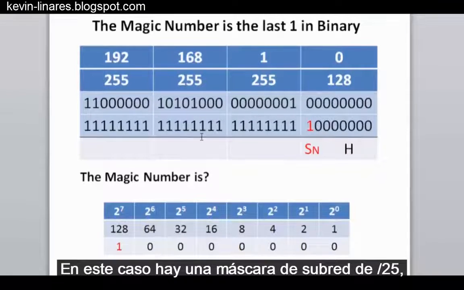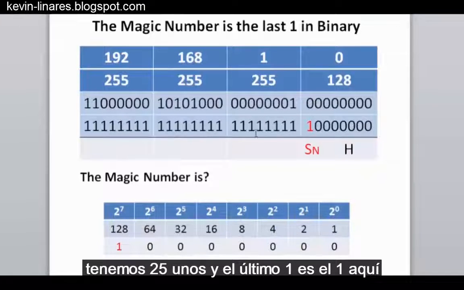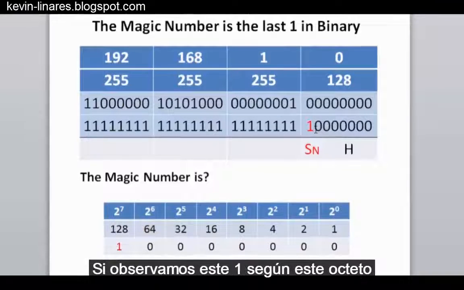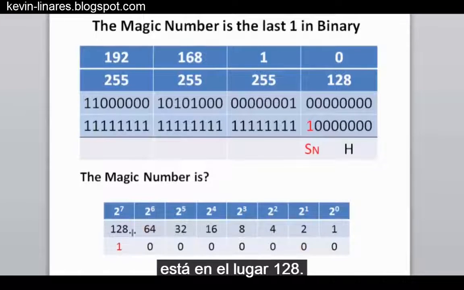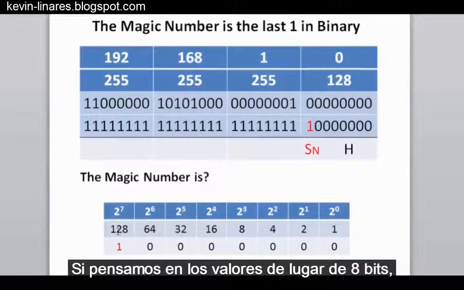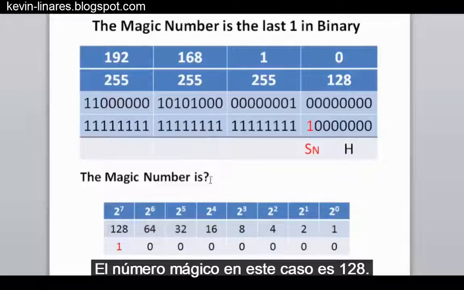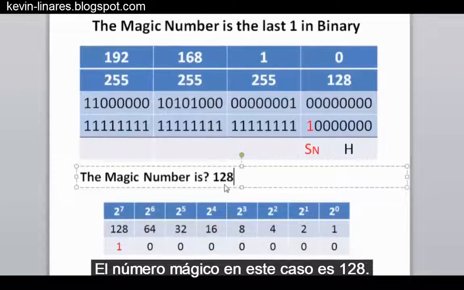So in this situation, we have a /25 subnet mask. We have 25 ones, and the last one is the one all the way on the right, highlighted in red. If we think about the place values of 8 bits, this is the 128th place. So the magic number in this situation is 128.